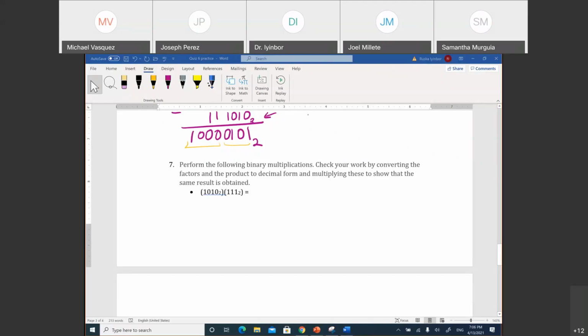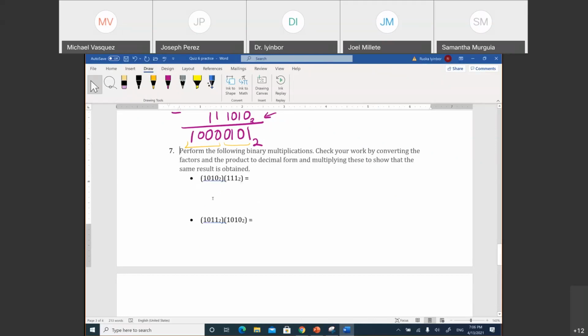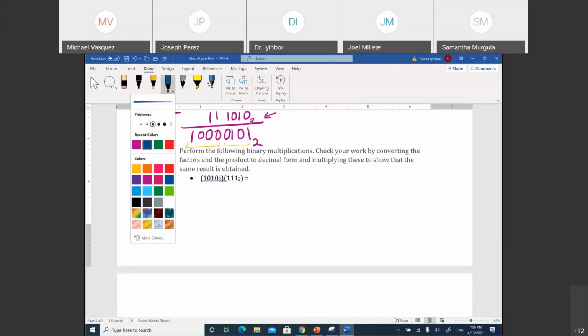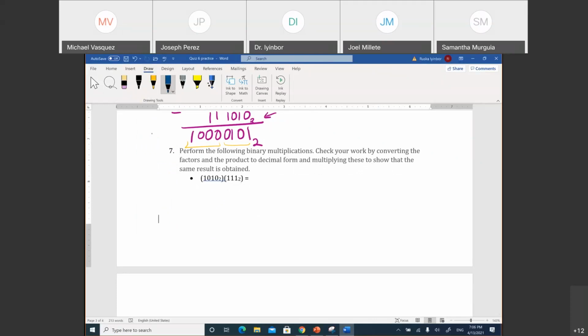When you multiply, we have to put it in that specific way, right? We have to put it under each other, and you're going to start multiplying. So we have 1, 0, 1, 0. I'm going to multiply by 1, 1, 1. So we're going to start multiplying 1 times everything. So 1 times everything is the same.